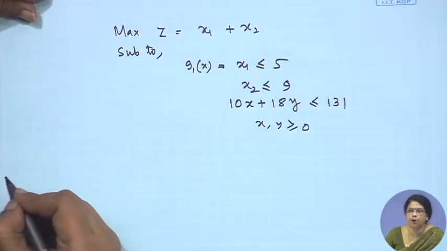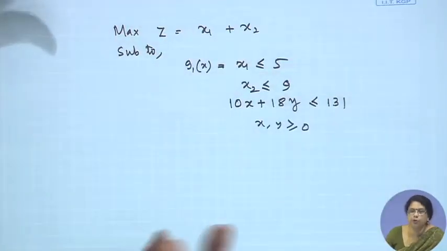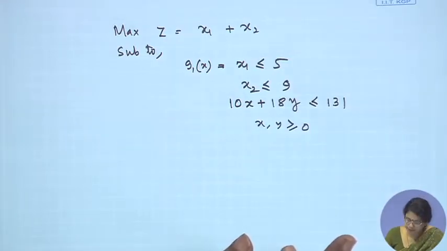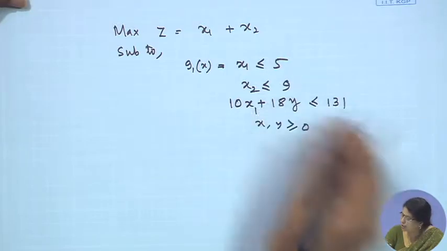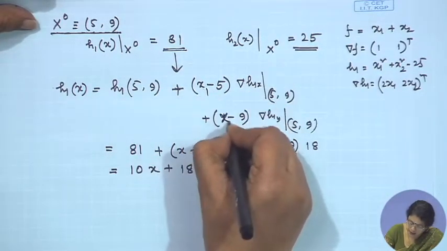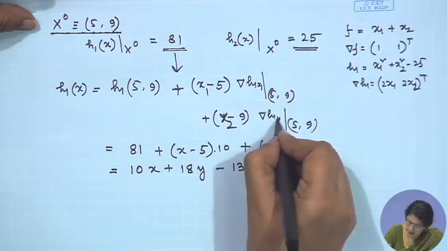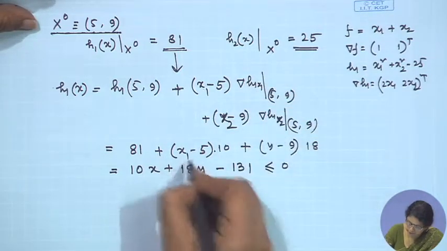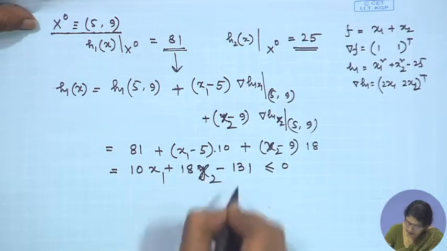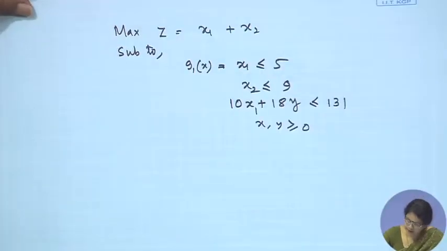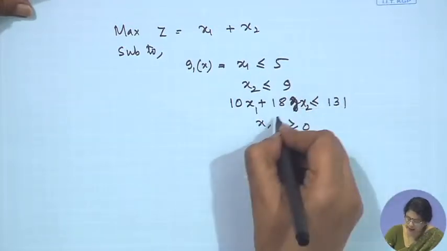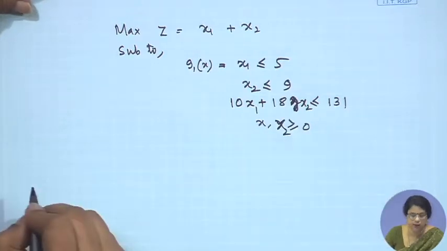If we solve this problem, this is again a linear programming problem. x1 and x2, it should not be x and y, it should be x1 and x2, you are right. Then 10x1 plus 18x2 less than or equal to 131, x1, x2 greater than or equal to 0.